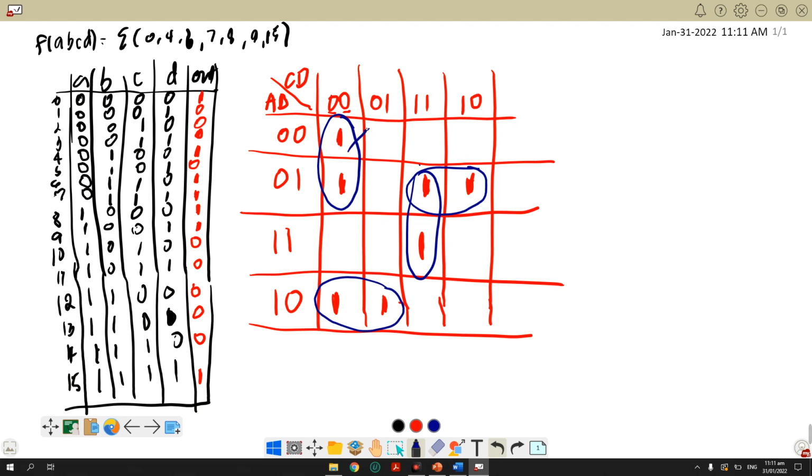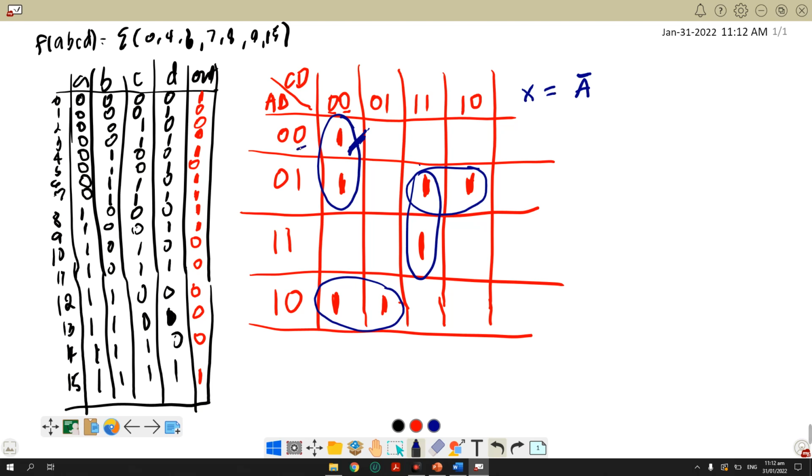So considering that this is group 1, in the first group we look at what is common, what is not changing. A is not changing, but since it is 0, we will write it in its complemented form because, as we have said in the POS, the 0 is written in its complemented form and 1 is written in its true form. How about the B?